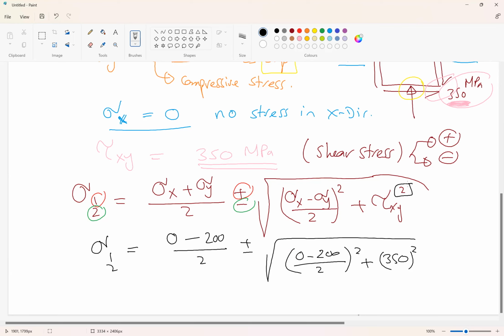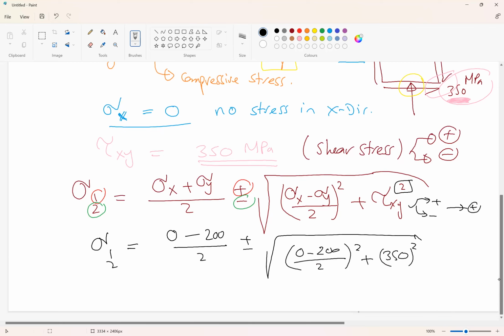Because tau is squared, it doesn't matter positive or negative, it will be positive. That's why the sign is not very important to us here. If we substitute, we will have sigma 1, 2 equal to negative 100 plus or minus root of negative 100 squared plus 350 squared.